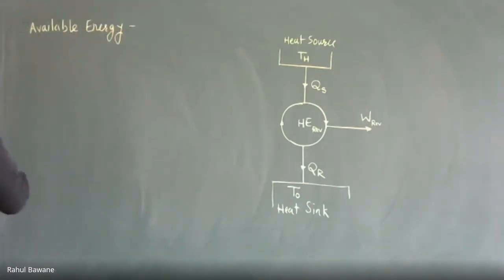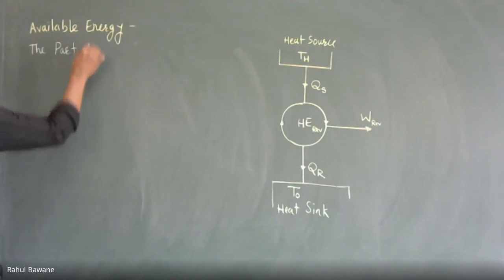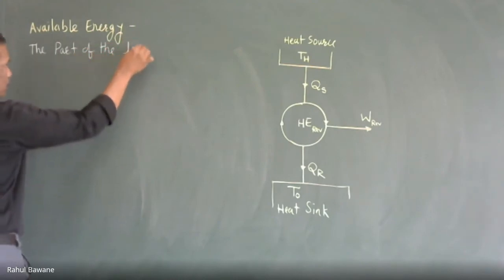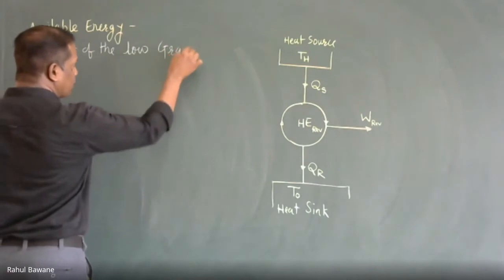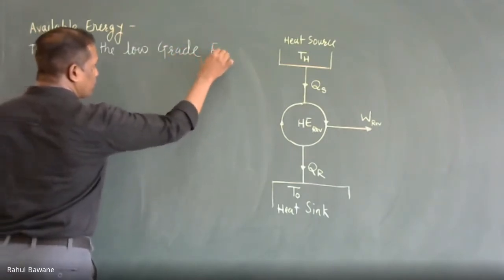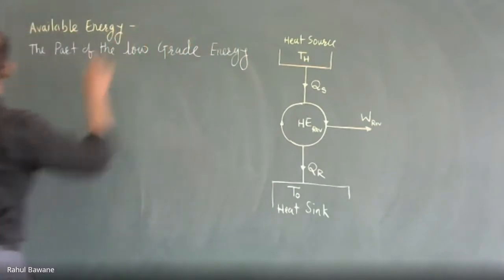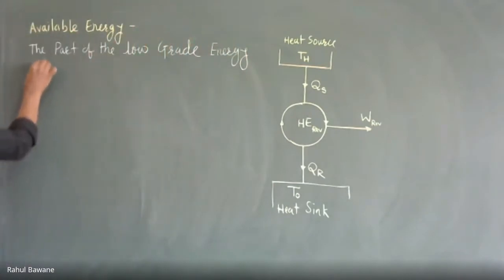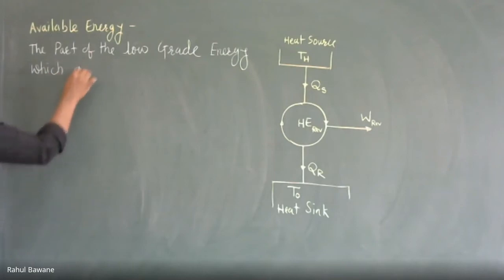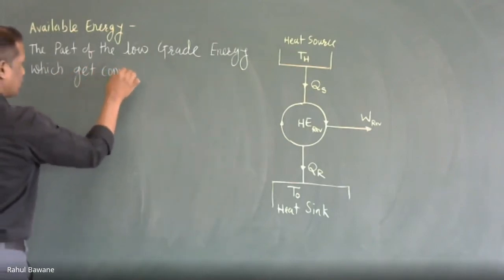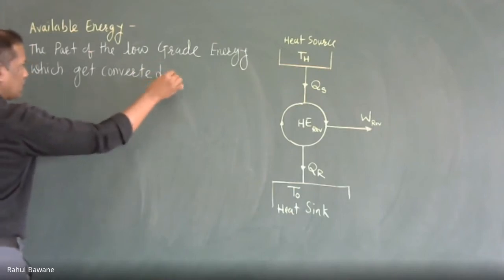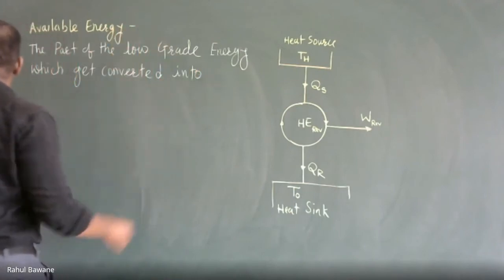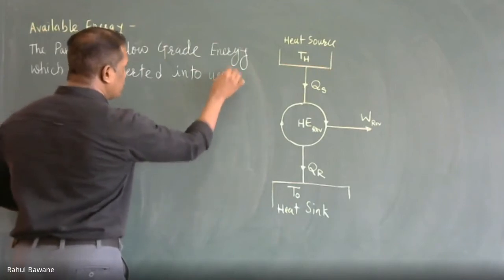So available energy is the part of the low grade energy which gets converted into useful work.